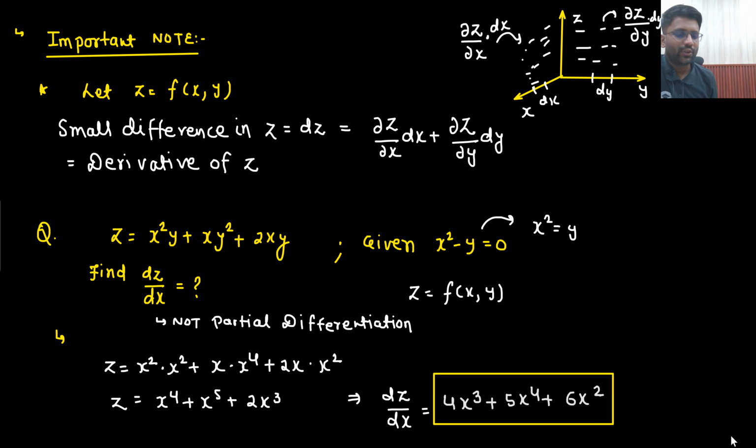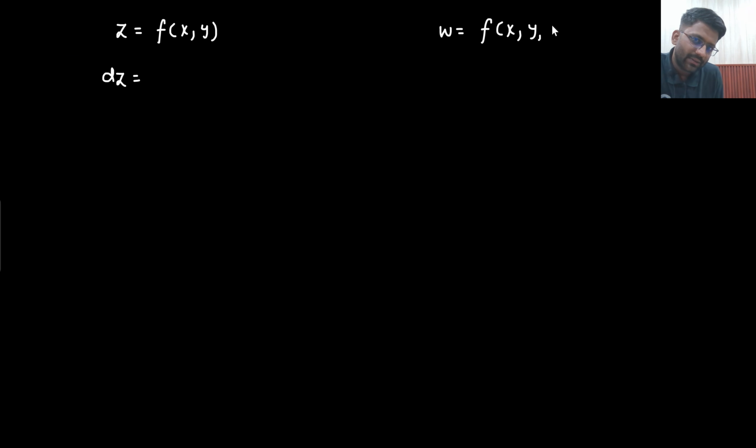So from now onwards, what you need to remember is that if my z is a function of x comma y, how will I write down dz? That's the only thing you need to remember. Let's say w is a function of x comma y comma z. How will you write down dw? Change in w with respect to x with other parameters constant, dot dx. Change in w with respect to y with other parameters constant, dot dy.